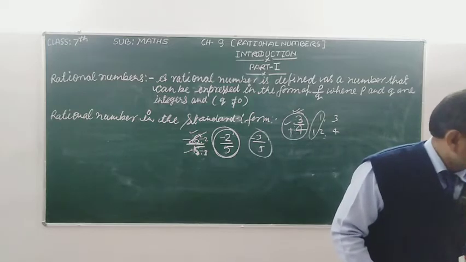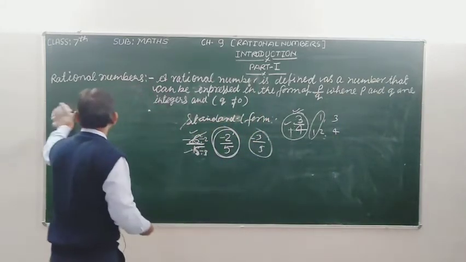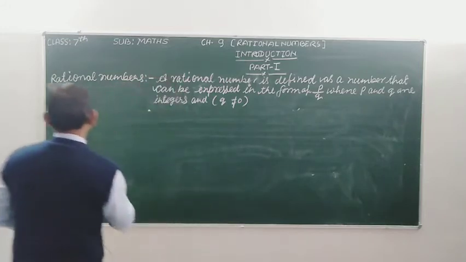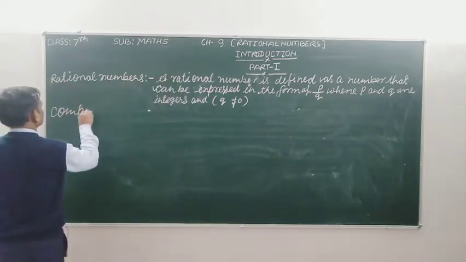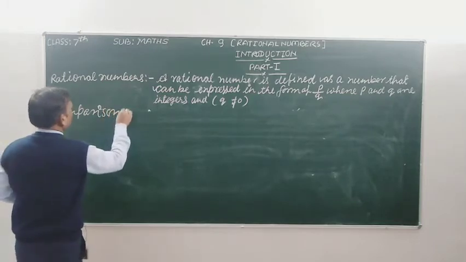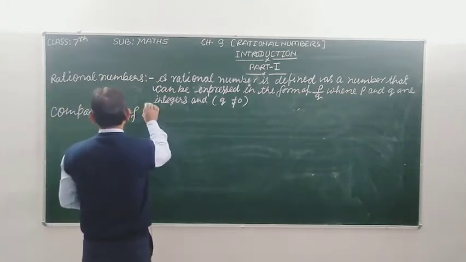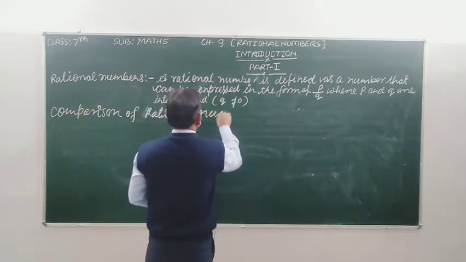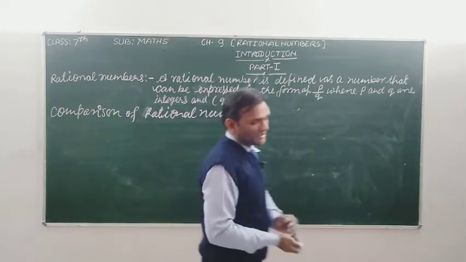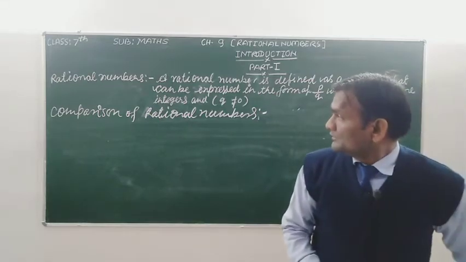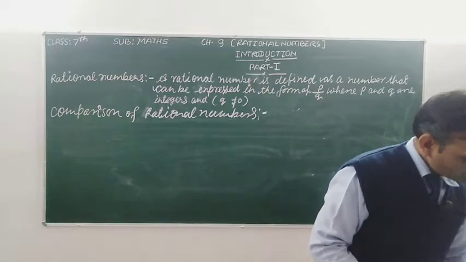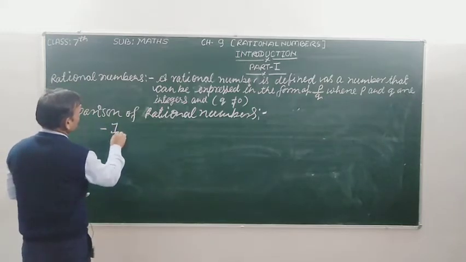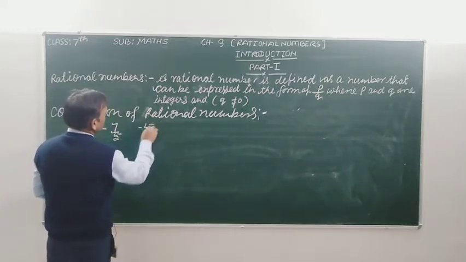Comparison of rational numbers. I'm taking an example, student: minus 7 upon 5 and minus 5 upon 3.